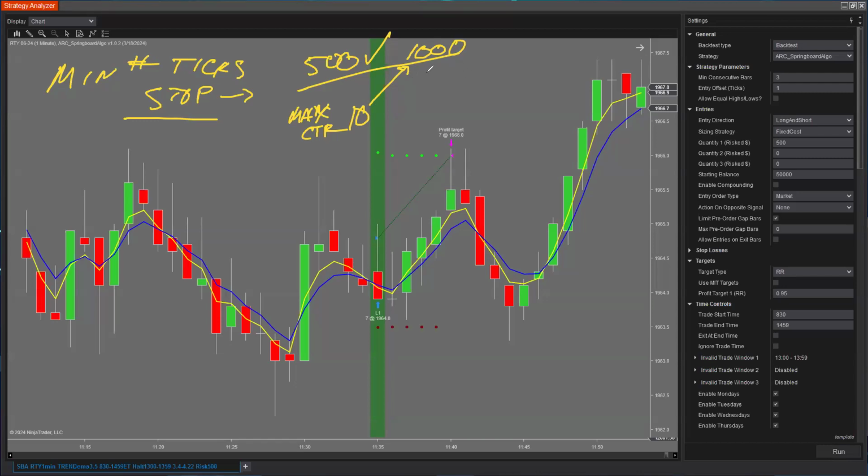If we take 1,000 and divide that by $5 per tick, that gets us to 200.